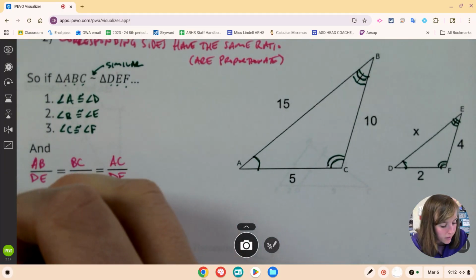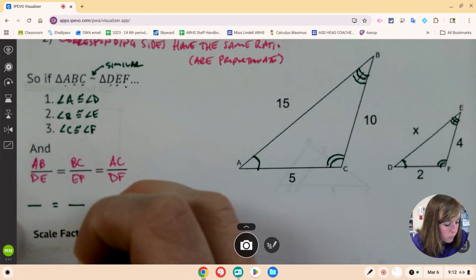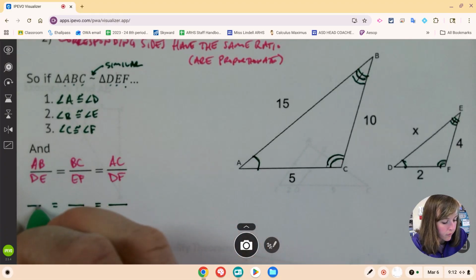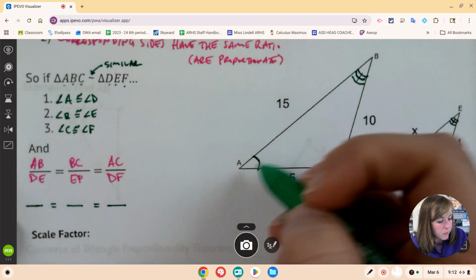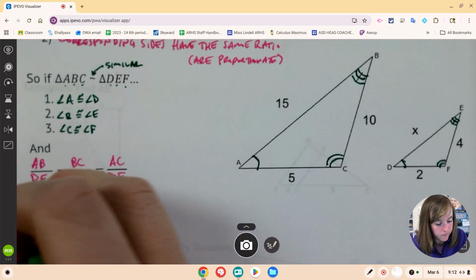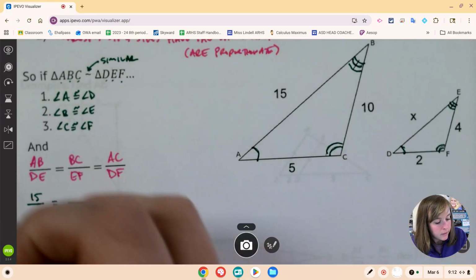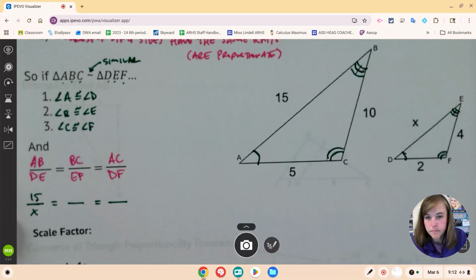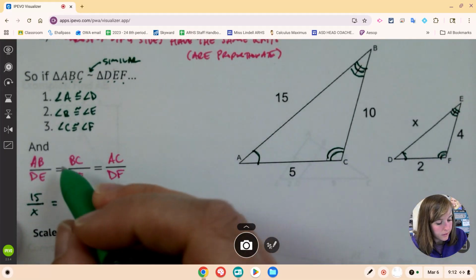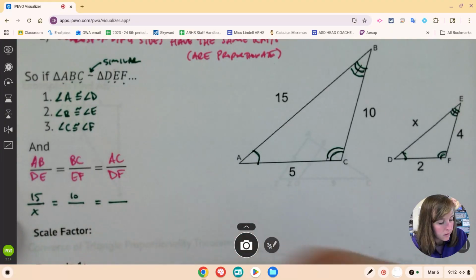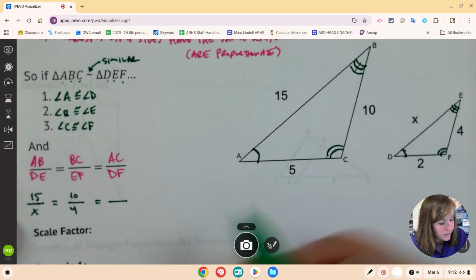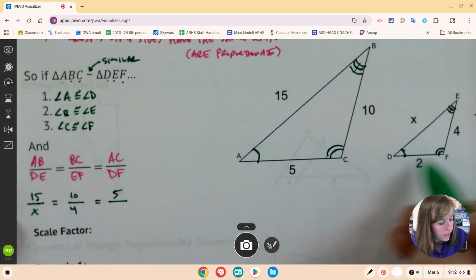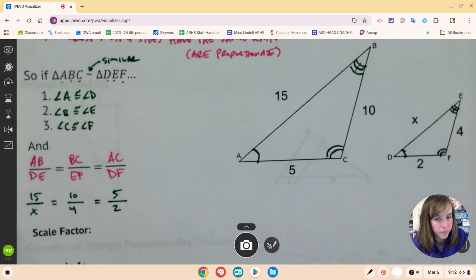So I'm going to set up 3 more ratios, but we're going to fill them in with whatever number or letter is written on the side. So for instance, AB was 15, so we're going to put 15. DE was X, so we're going to put X. And then BC is 10. EF is 4, AC is 5, and DF is 2.